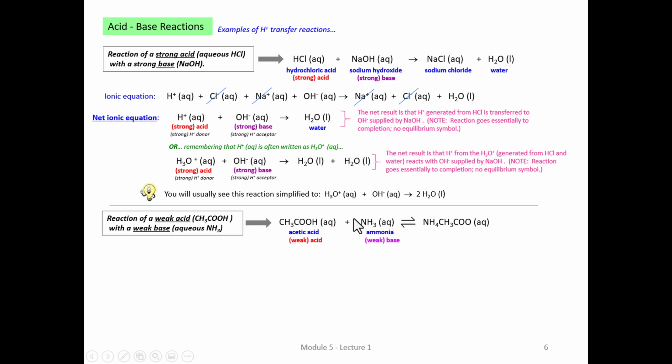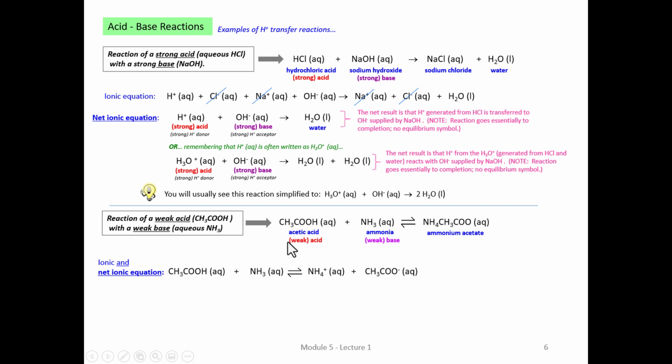When they react, they're not going to react very much, thus the equilibrium sign. But if they do react, they're going to form ammonium acetate because the acetic acid is the H+ donor, and it's going to donate an H+ to the ammonia. Down here you can see this more clearly if we write this out as an ionic and actually net ionic equation.